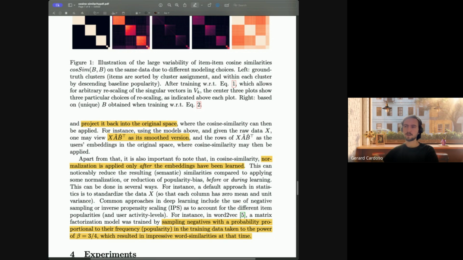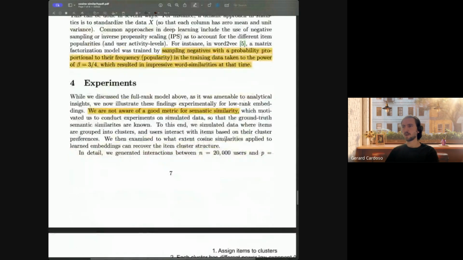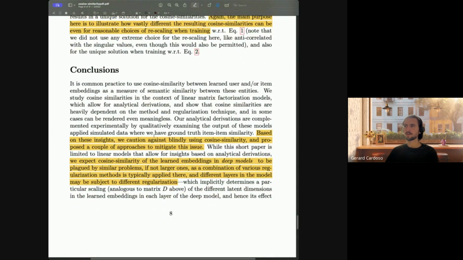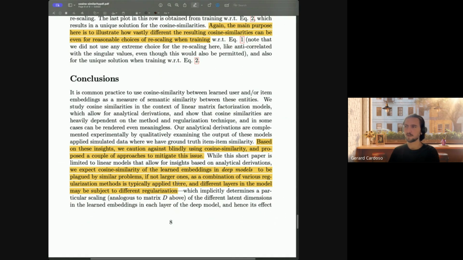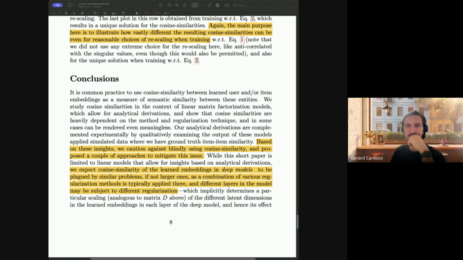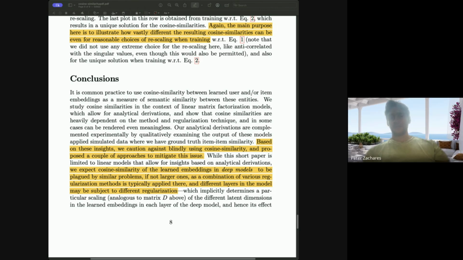So how does the training setup of these large models impact cosine similarity? I was hoping they'd go into that, but they don't. They just sort of allude to it in the conclusion, but that's about it. Yeah, to me, parts of it seem more like a math exercise, because of what we pointed out before, some of this stuff seems quite obvious.